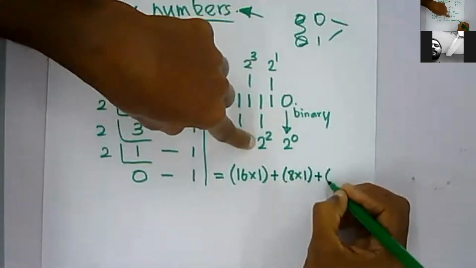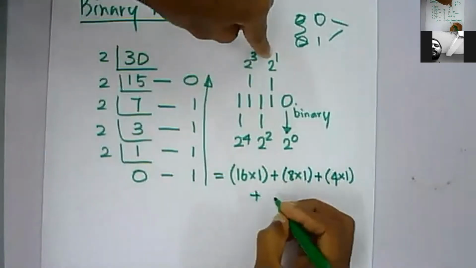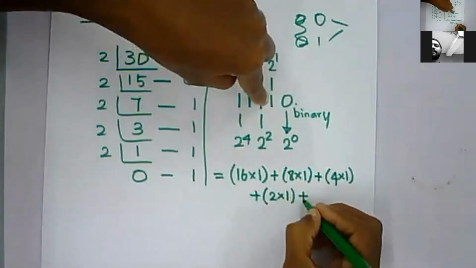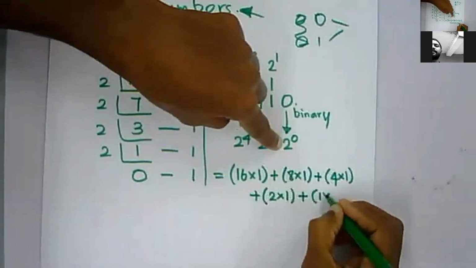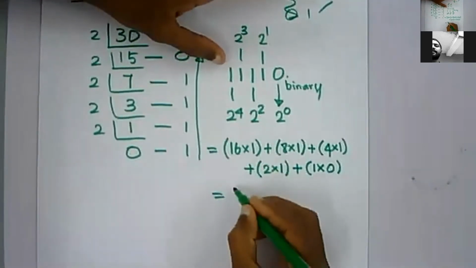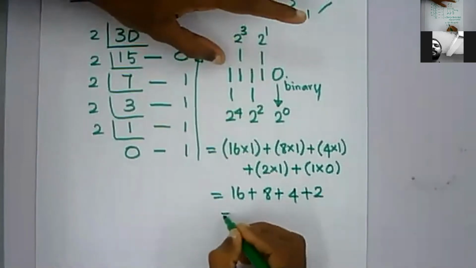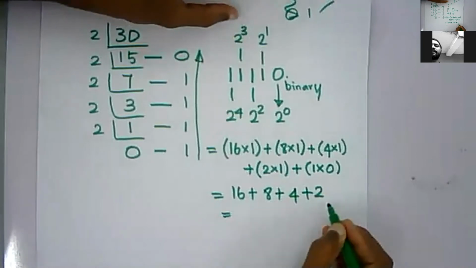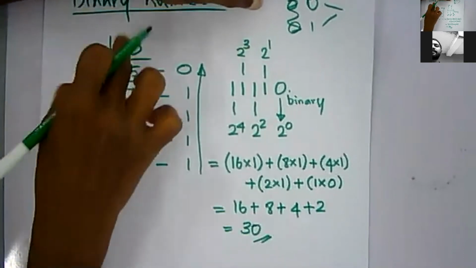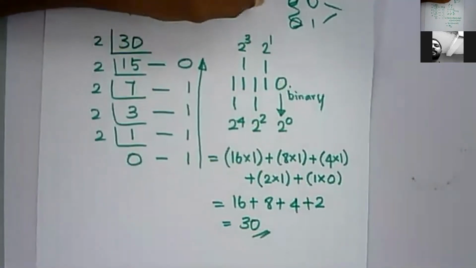Plus 2 to the power 2 becomes 4 and 1 at its place. Plus 2 to the power 1 becomes 2 and 1 at its place. Plus 2 to the power 0 becomes 1 and 0 at its place. Clear? So 16 plus 8 plus 4 plus 2: 16 plus 8 is 24, 28, and 30. So this is how we convert a decimal number into a binary number and then a binary number into a decimal number.